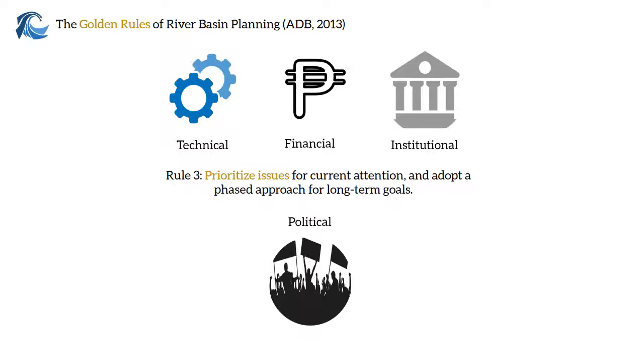So you have technical, financial, institutional, and political issues that we have to tackle when we are planning our river basin master plan. So it's not just about the environment side. It's not just about the economic side. We have to look at all of these problems in order to fully appreciate and understand the complexity of river basin planning.